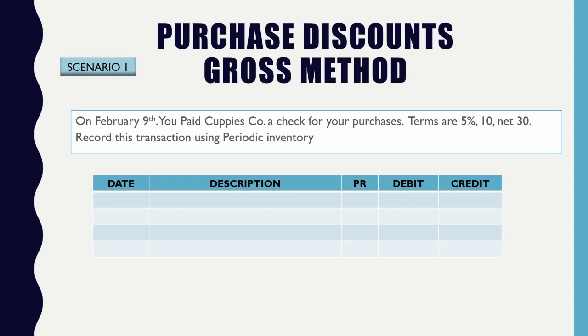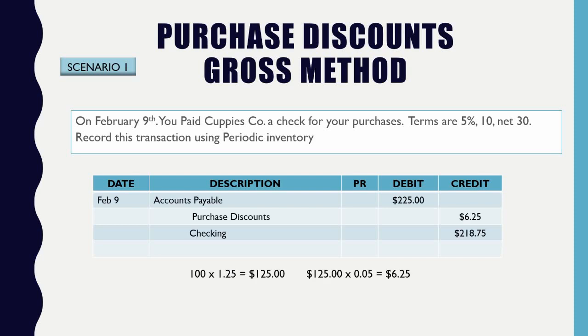Well, in this case, right, we first need to recognize how much we owe. In this case, we owe $225 because that's what I originally journalized it at. But because I'm making a payment as of February 9, I'm not paying $225. I'm going to be paying the discounted amount because I paid within terms. So in this case, what I got to do is I got to create a contra account called purchase discounts.